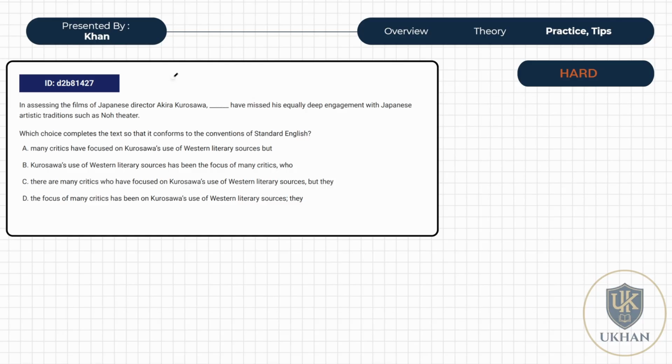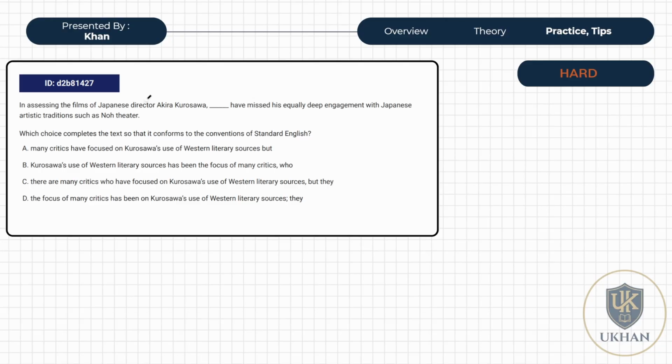Okay, don't let the length of these answer choices scare you. Let's use our core strategy here. So let's identify the answer choices, right? Let's look at the sentence structure, and immediately this is a modifier placement question, right? The sentence opens with a participle phrase. In assessing the films of Japanese director Akira Kurosawa, so who is assessing the films?